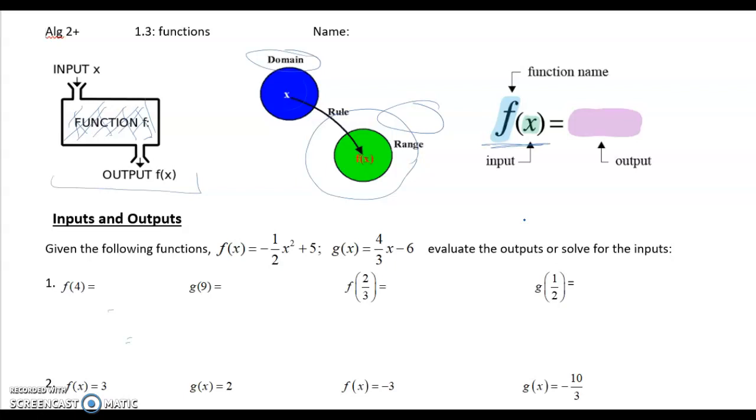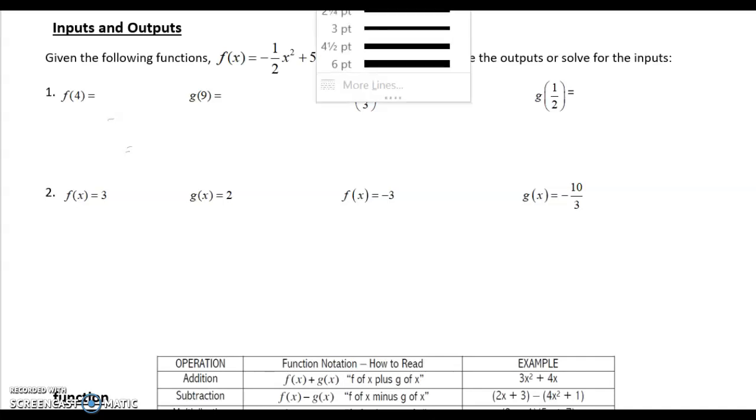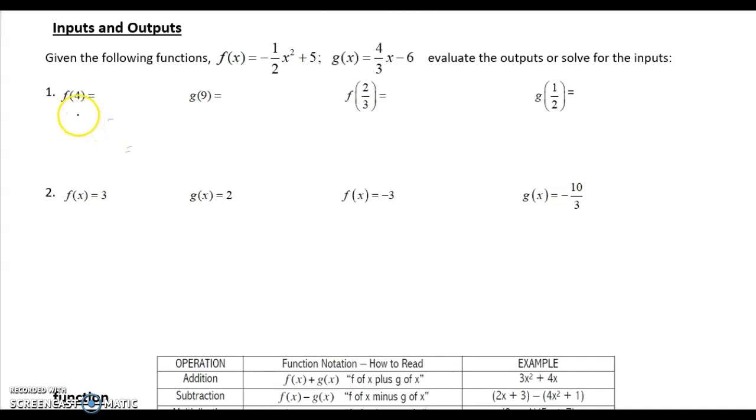So let's just briefly look at that. Hopefully it's a review for most of you. Here we've got inputs and outputs. So this is looking at an input. This just says where there's an x, plug in a 4.